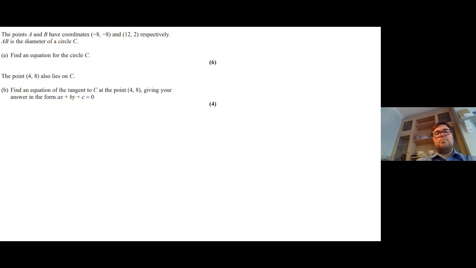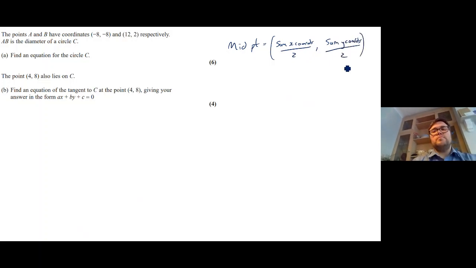I'll probably write it down as midpoint equals sum of x coordinates divided by 2, sum of y coordinates over 2.